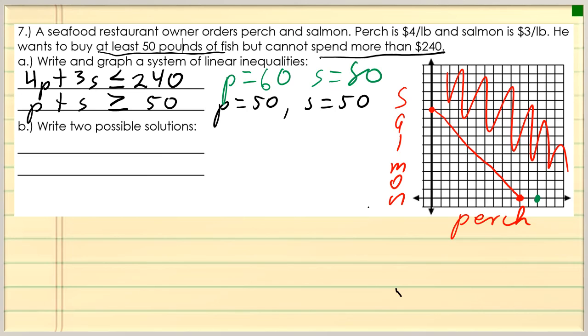And 80, that's 50, 55, 60, 65, 70, 75. Well, 80 is just a little bit above there. That's okay. And I'm going to connect them with a solid line again, if I can draw a straight line, which I'm not very good at. But this time we want to spend less than $240, so I'm going to be shading underneath that line.